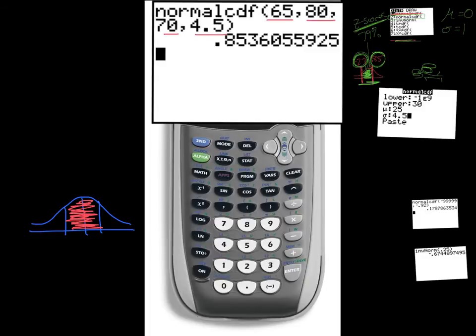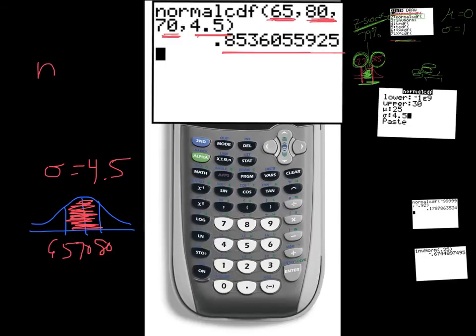And so that's what I drew over here. On this graph, I got 80, I got 70 was the mean, and 65 was the low number. So I guess this blue line should be a little more to the right, whatever. And I want the area in between, knowing that the standard deviation is 4.5. So you can write low value, high value, mean, standard deviation. And the calculator will also do that area for you.